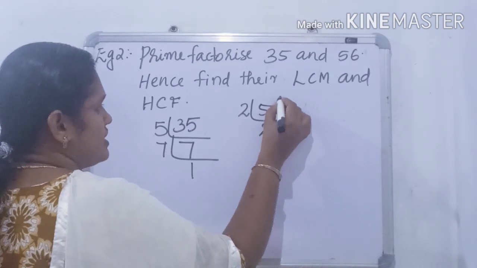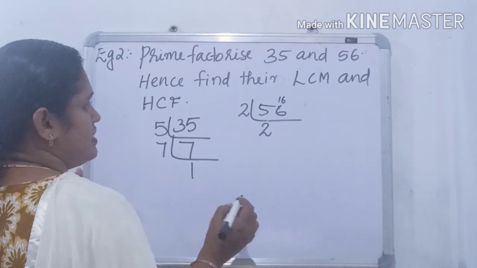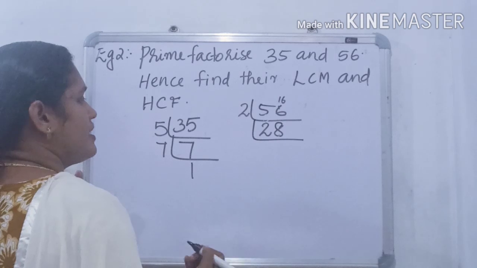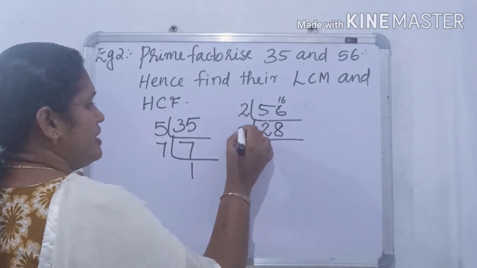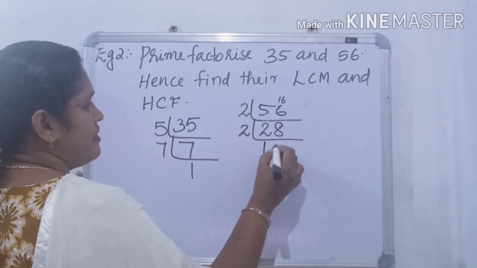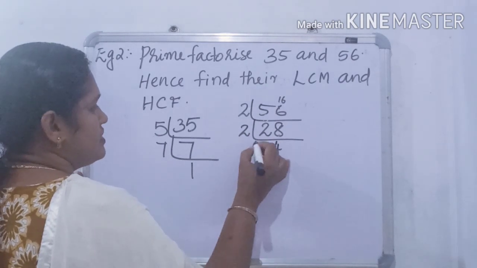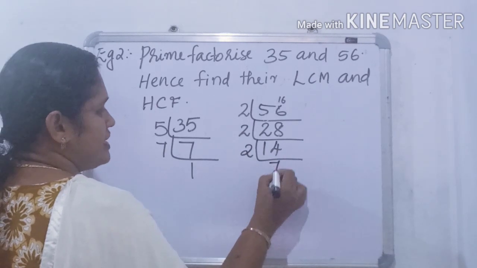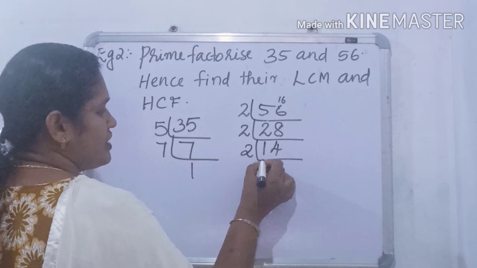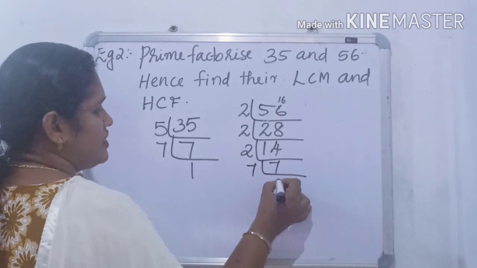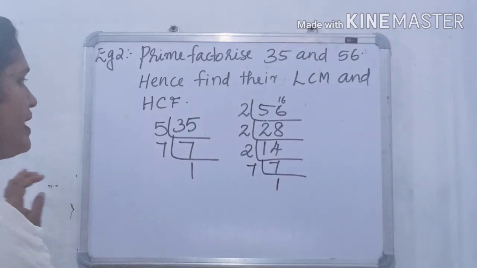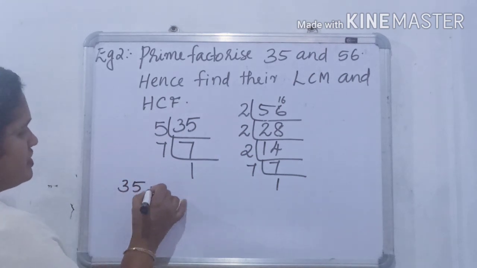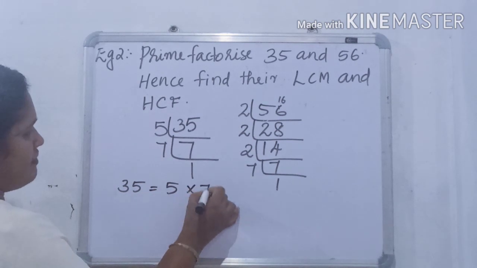This becomes 28. In 28, how much time? 14 2s are 28. 14 is an even number, divisible by 2. 7 times 2s are there in 14. 7, 1. Then 35 equals 5 into 7.